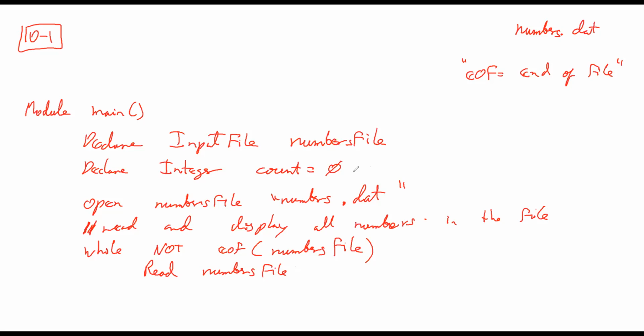I'm also going to declare read number. Now keep in mind that in Python, this would be a string and we have to convert it to an int and all of that. So don't forget about that. All right, so read numbers file, read number.